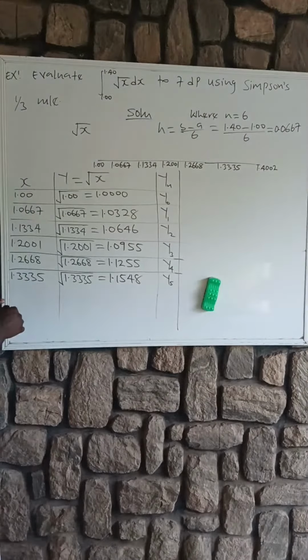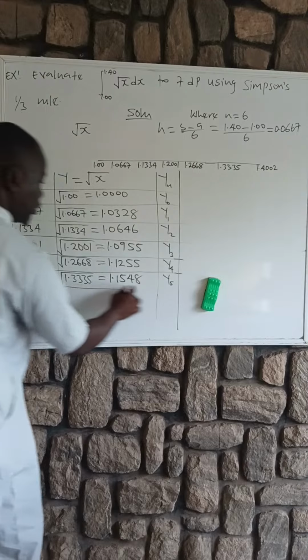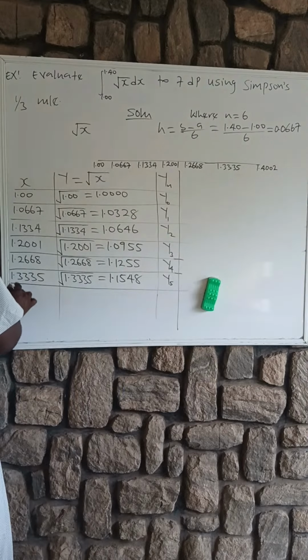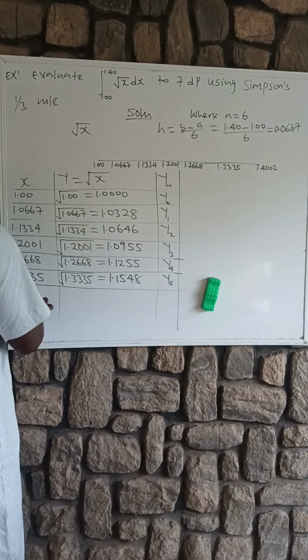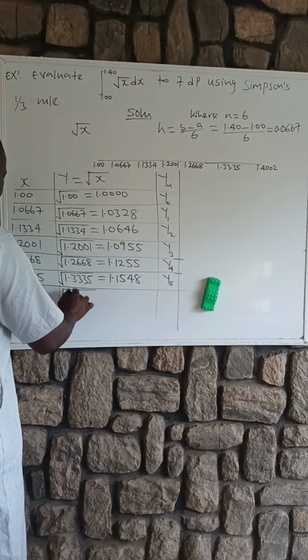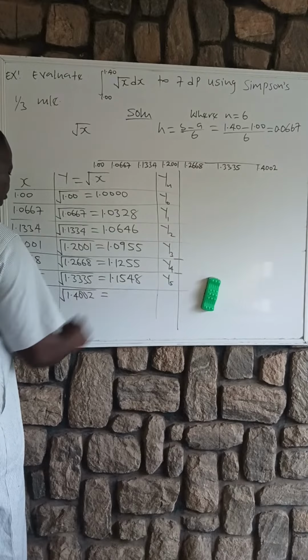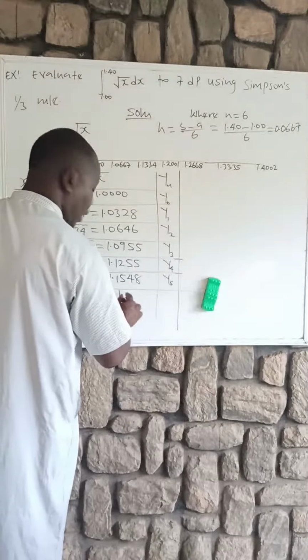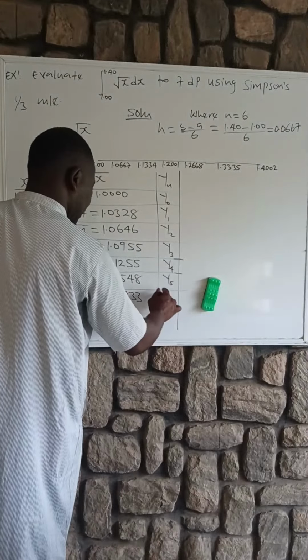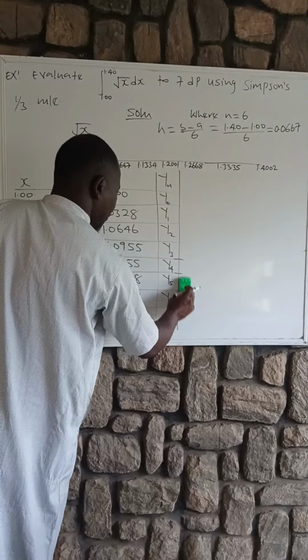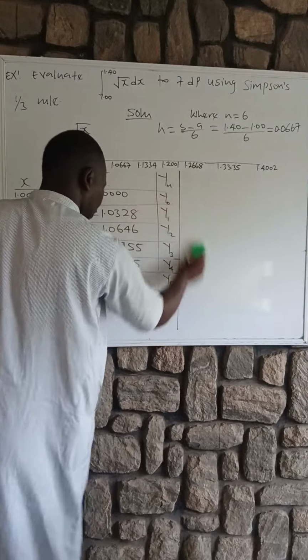Then the last but not the least is 1.4002, right? Then the square root of 1.4002 is equal to 1.1833. This is y6. So this is how you are going to prepare the table.